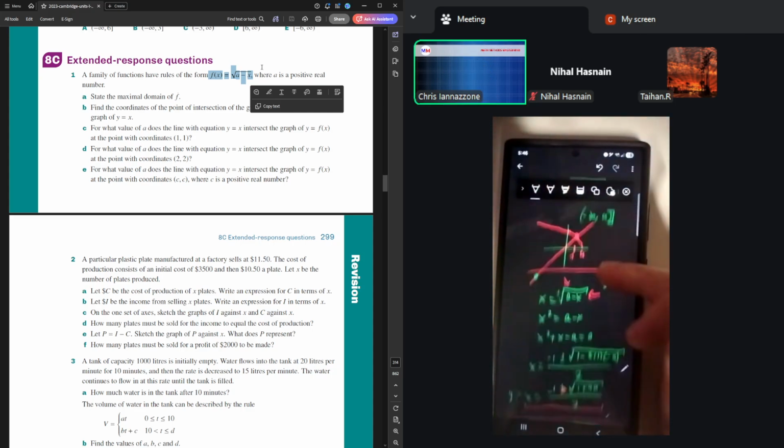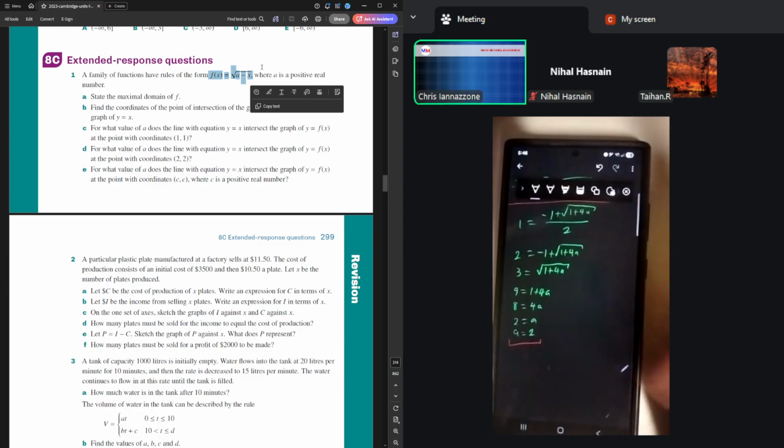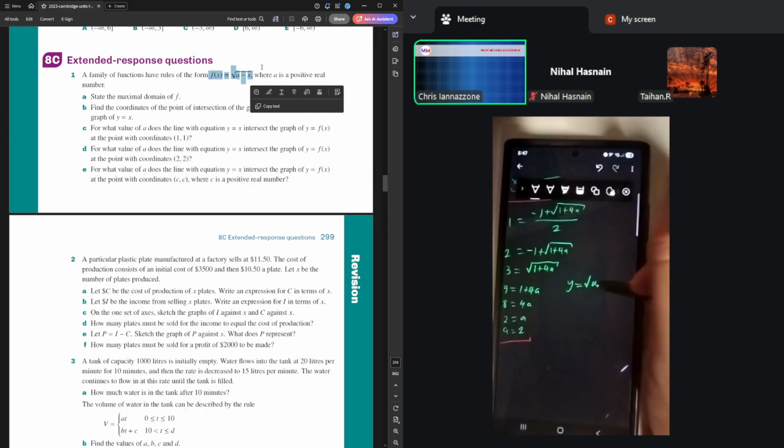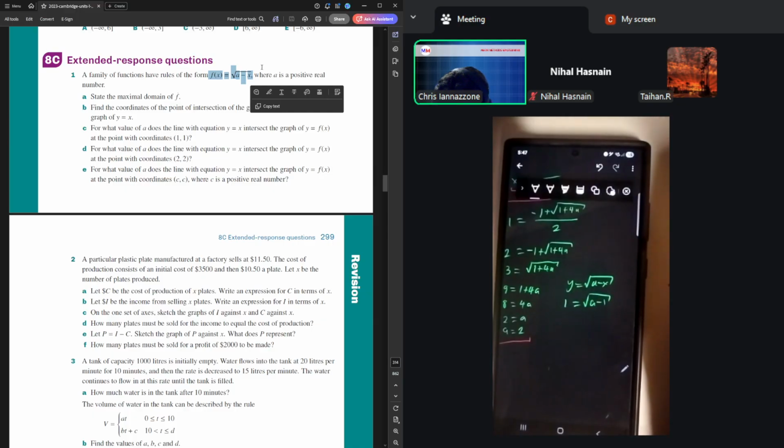Yeah, no, that's fine. Because you still are showing working out actually. What you're doing is y equals root a minus x, 1 equals root a minus 1, and you're kind of just doing the solution here. 1 equals a minus 1, a equals 2.